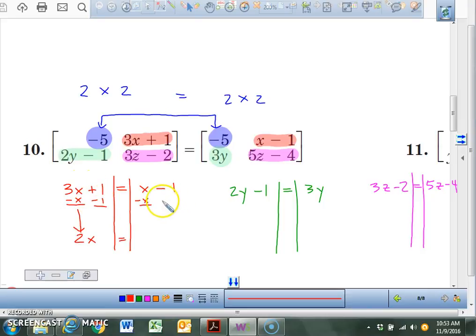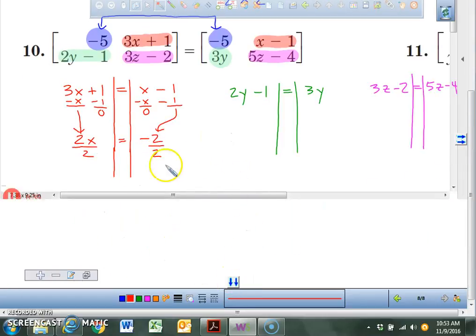Minus 1. Minus 1. Does everybody see how this zeroes out and this zeroes out, and a negative 1 and a negative 1 combine to make a negative 2? And at this point, you just have to divide both sides by 2. And x is equal to negative 1, and we just solved for x.